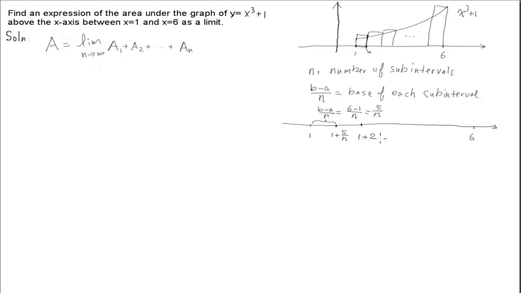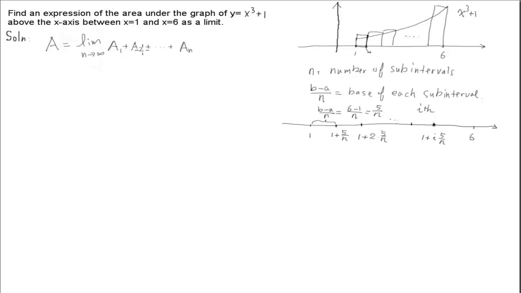If we look at the ith one, where i is any number between 1 and n, we can see the pattern. This is going to be 1 plus i times 5 over n, and that's the right end point of the ith subinterval.